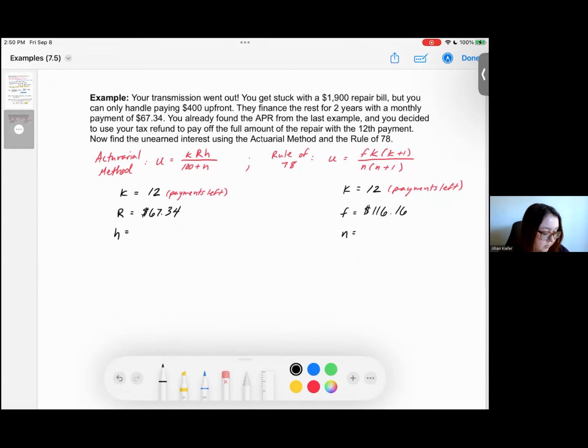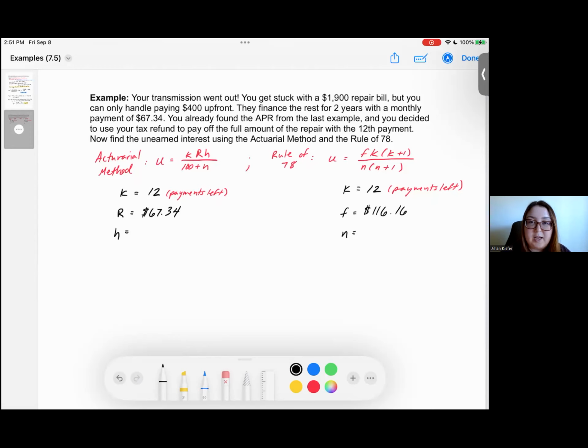Then we have the value of H. We said H was going to be the value of our payments depending on the APR that we already found. So we need to find the actual interest rate for the percentage that we found based on the remaining number of payments. So basically, to find H, we go back to the APR table and find what should be around our 7.25% under 12 payments now instead of 24 payments.